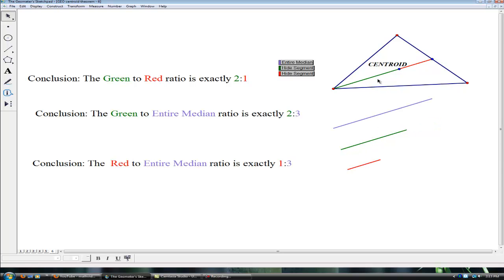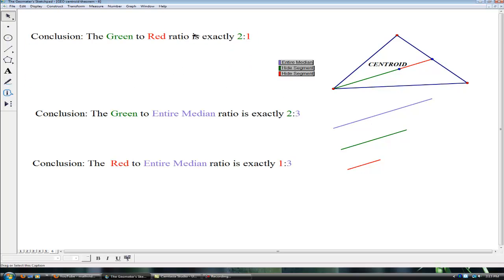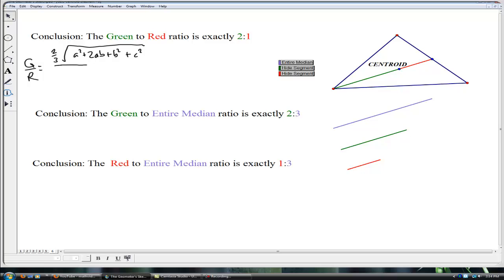What we're trying to prove, though, is that this ratio is 2 to 1 for green to red, so let's start with that. I'm going to take the actual distances, and remember a ratio is division, so I write green divided by red in a fraction. So this is my green to red ratio. Let's take what we got for our green distance, divided by what we got for the red distance.